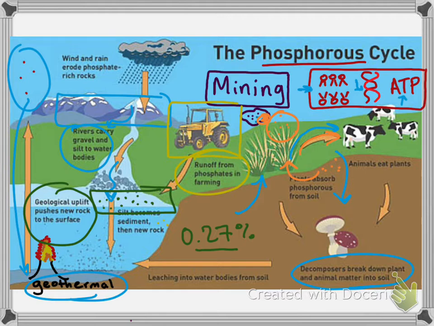And when it gets into waterways, it can cause an excessive growth of algae or other microbes that were previously limited by that phosphorus. And that phenomenon can lead to a process called eutrophication. Now we're going to get into more detail later, but for now, let's just say that ultimately leads to a decrease of oxygen in the water.